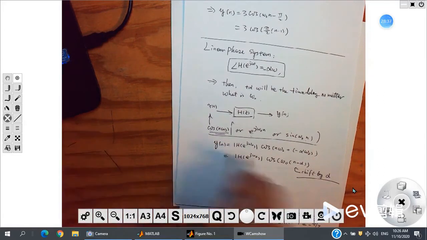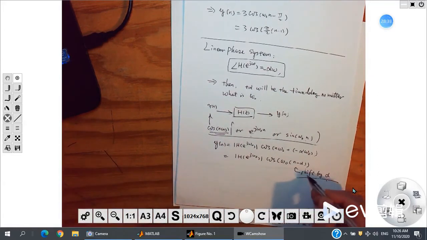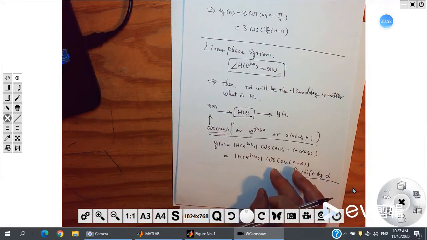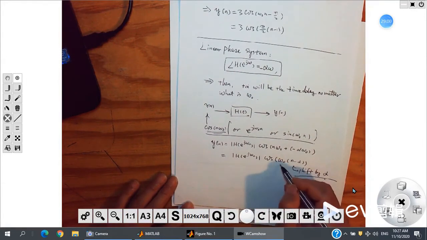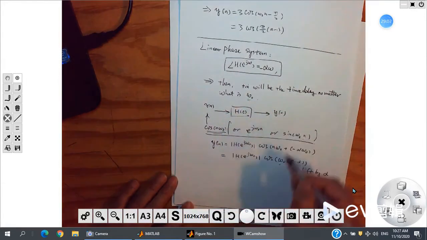If alpha is an integer, this will be really a shift in the discrete time sense. If it is a non-integer, some other number, this shift happens in the cosine, the analog signal behind this discrete time signal. Right? Okay, so by this way, no matter what omega 0 is, for different omega 0, we have the same shift.